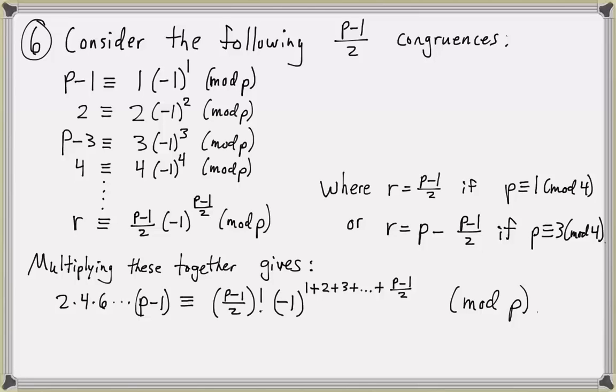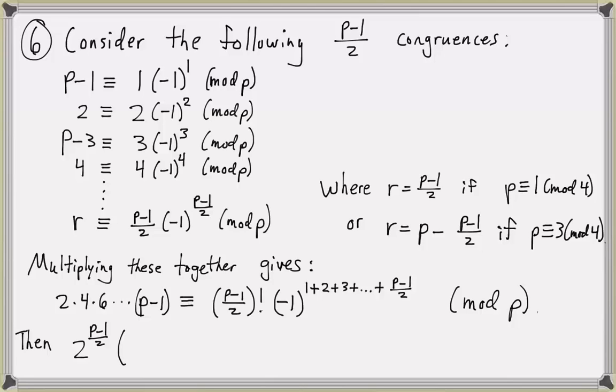If I look at the left-hand side, each of the factors has a factor of 2. So if I pull out the factors of 2, I'll end up with (p minus 1)/2 factors of 2. So I can rewrite the left-hand side as 2 to the power (p minus 1)/2 by factoring out all of the factors of 2.